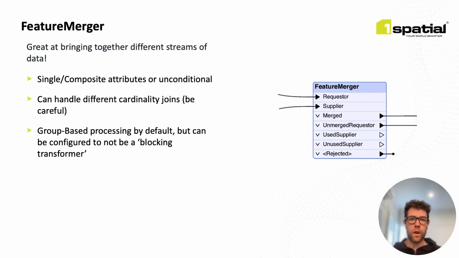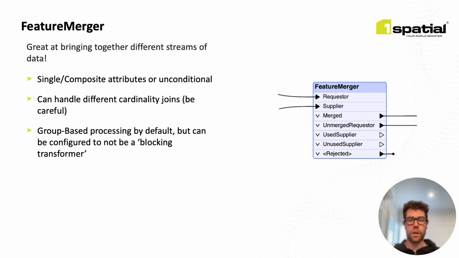The feature merger as well, by default, is a group-based transformer, and what that means is it will wait until it receives all of the features by default in the requester and supplier ports. However, it can be configured to be more like a feature-based transformer, which means that it won't hold all the features at the transformer before it begins to process.